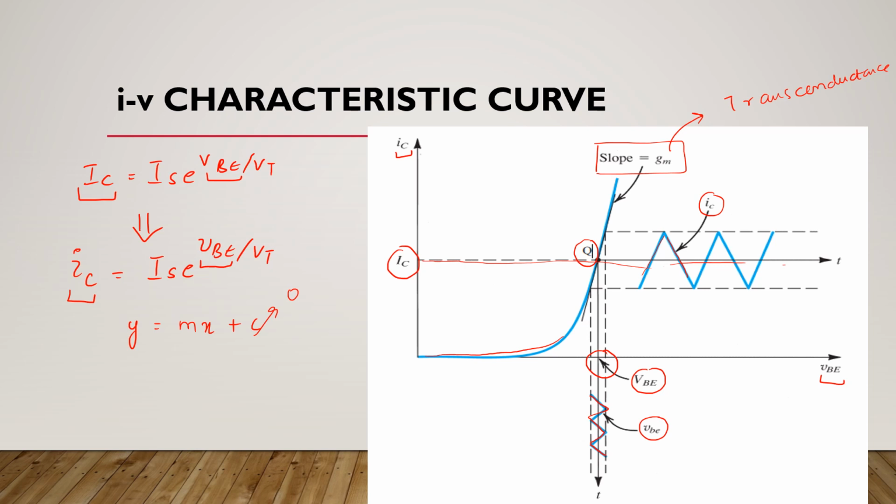The variable on the y-axis is instantaneous collector current, this slope is transconductance, and the variable on the x-axis is instantaneous base to emitter voltage. So this is the equation of small signal collector current in terms of transconductance, which we have derived in our previous slides.